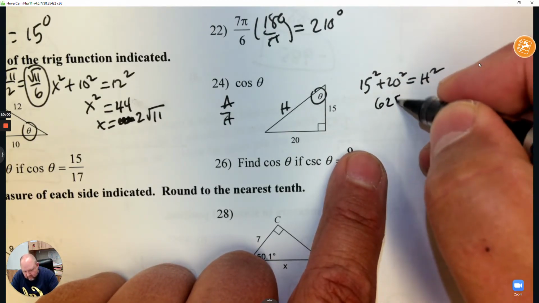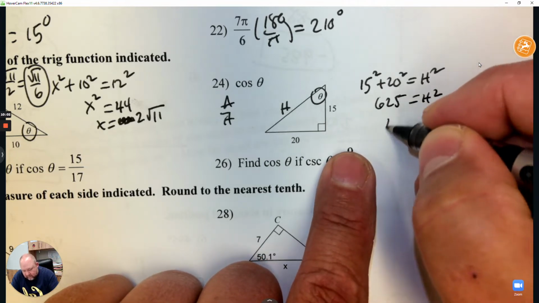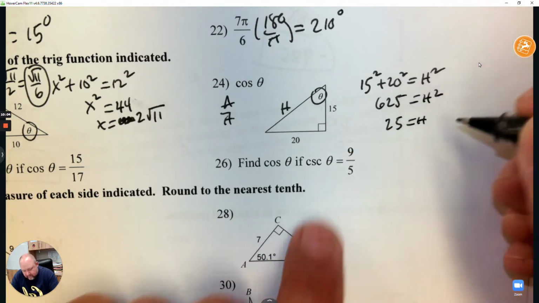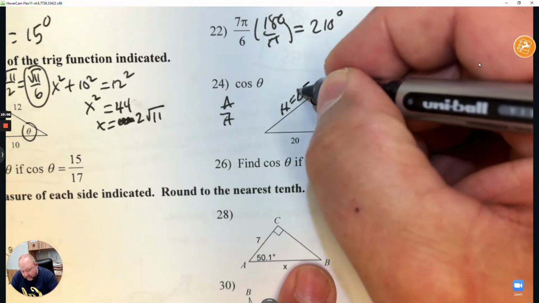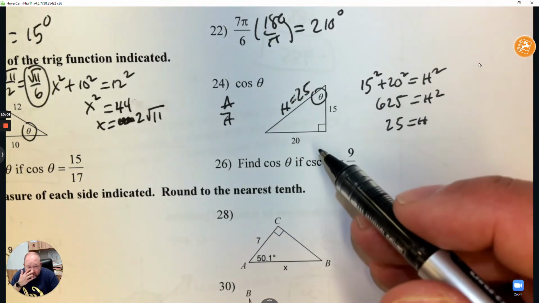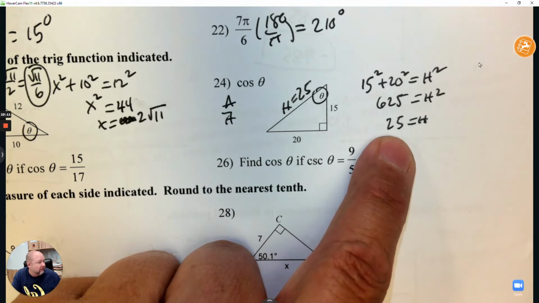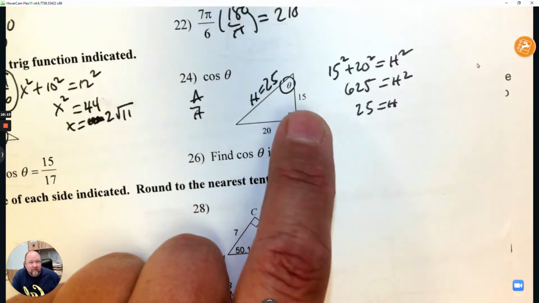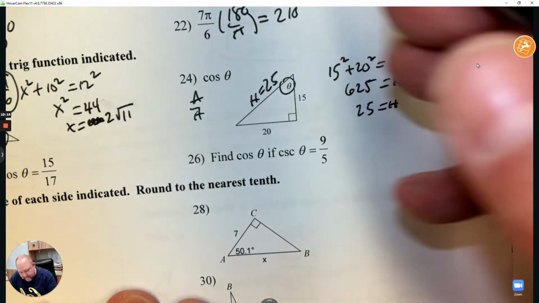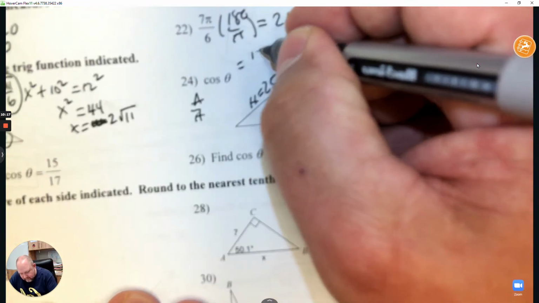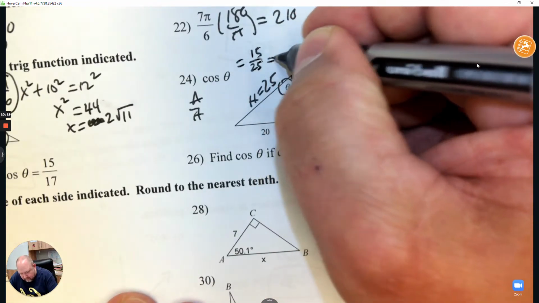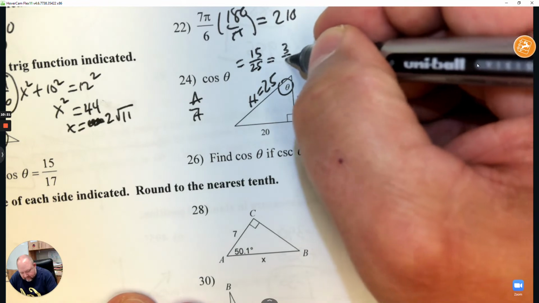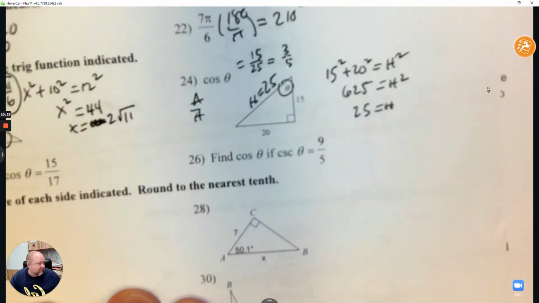Take the square root and it's 25. It's a Pythagorean triplet when all three sides of the triangle are rational numbers. So I think the hypotenuse is 25. So then adjacent over hypotenuse, and then reduce it down, divide by 5, and you get 3 over 5.